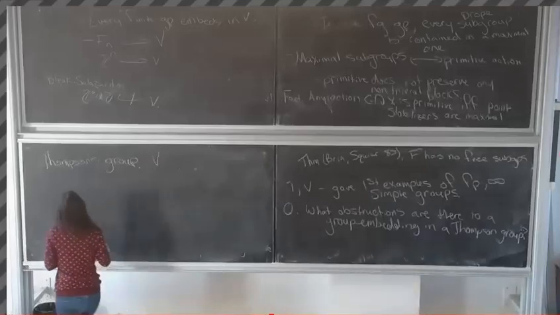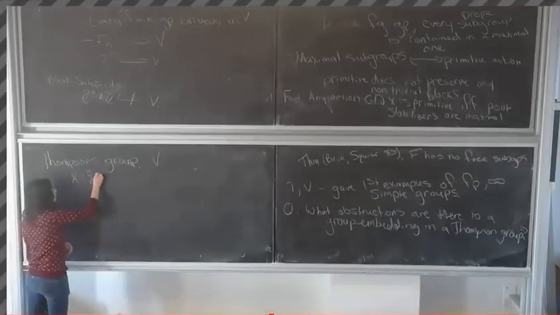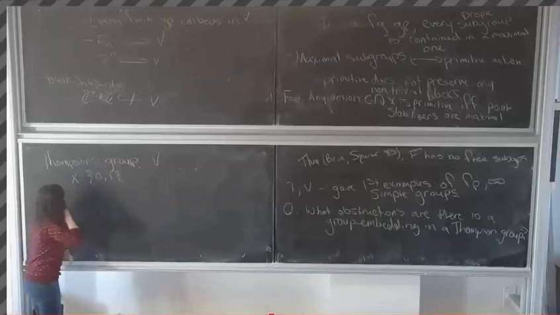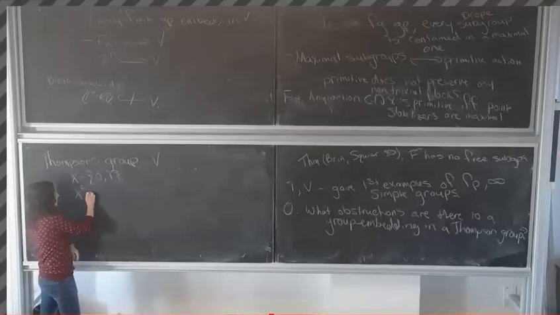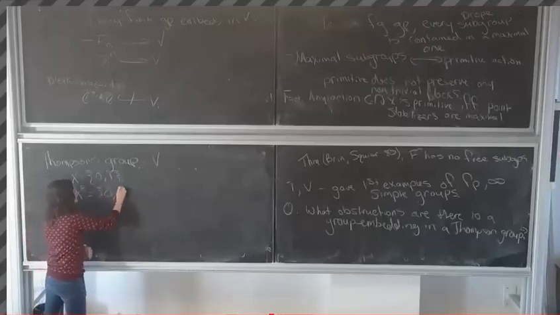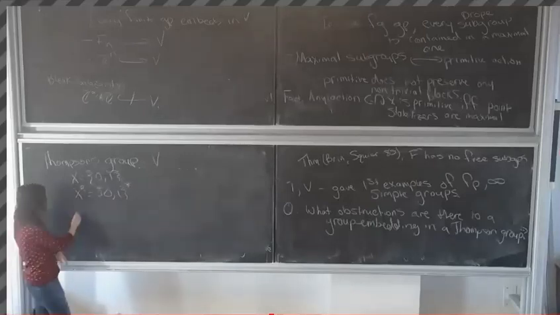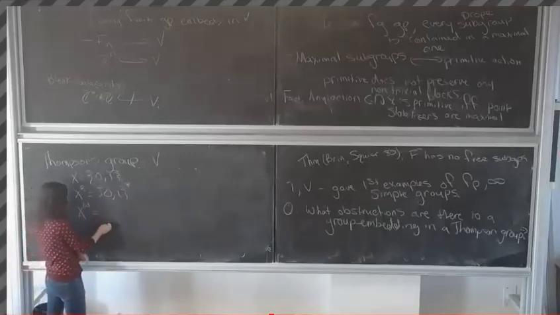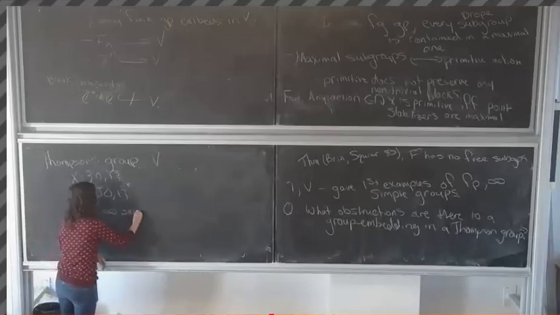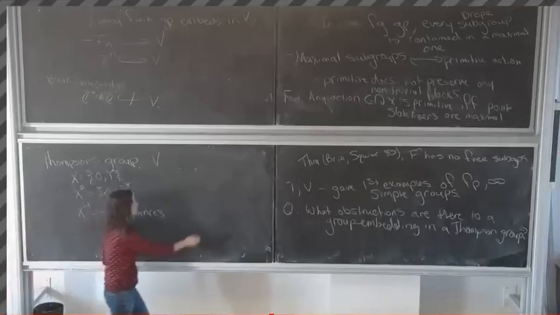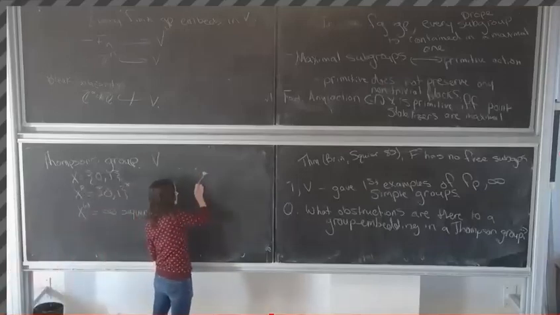So let's take an indexing set. I'm going to look at binary trees, and I'm going to use 0 and 1 to index this tree. So my vertex set then is finite sequences in 0s and 1s, and of course the infinite sequences we'll write as X omega, and this gives us a rooted tree structure.